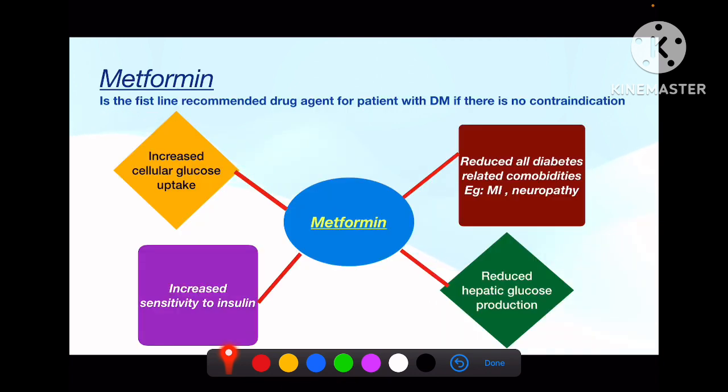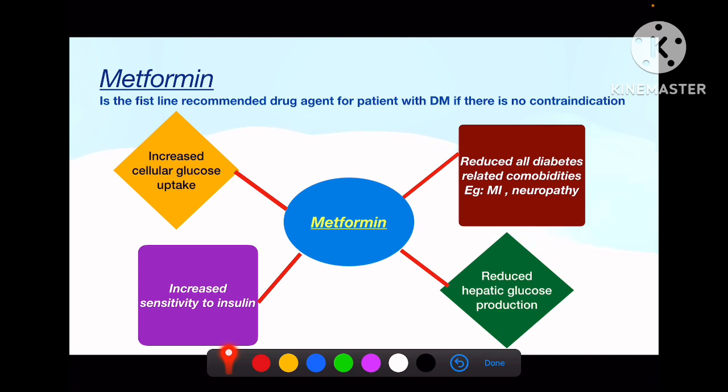So metformin is, we can say, the first line recommended drug for the patient with DM, if there is no contraindication, right? So when you diagnose the patient with DM, irrespective of that patient's age, then your first line treatment is metformin if there is no contraindication, right?